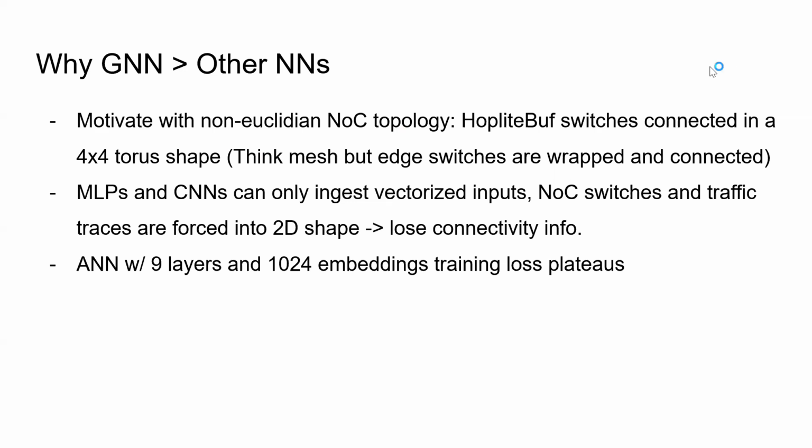One of the limitations with neural networks is we can start with thinking about what's called a non-Euclidean topology. Basically, think of a torus shape. If we have a NoC topology that's connected in a torus shape, think of a 2D grid, but then all the edges are wrapped around and connected.